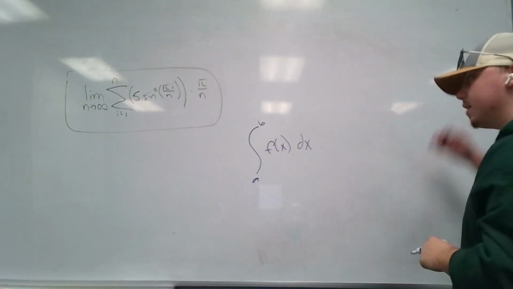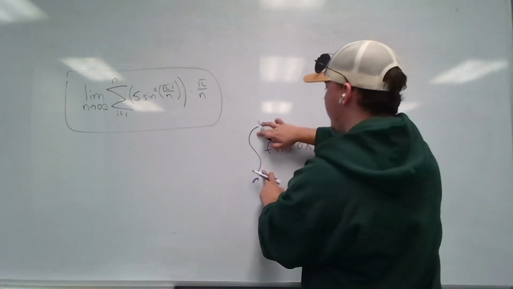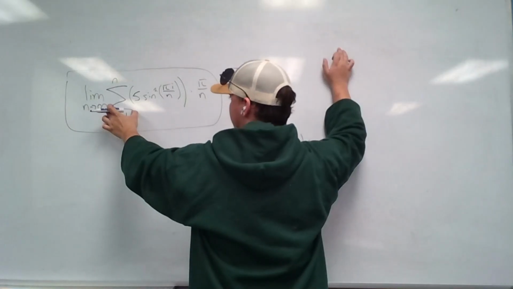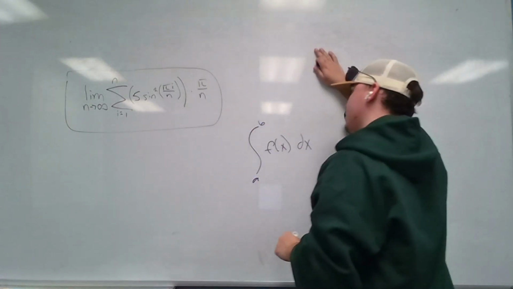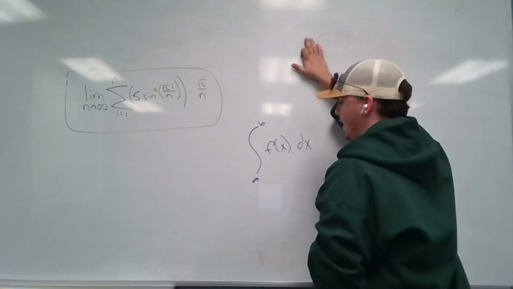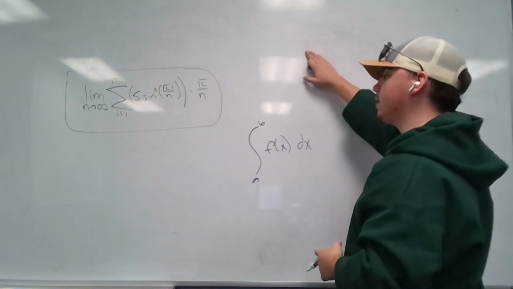Okay, so this is the notation at its basic form. The squiggle right here represents both the limit and the sum at the same time. So instead of having lim and sum, I just have the squiggle, and a and b tell me the domain that we are on. Easy enough.